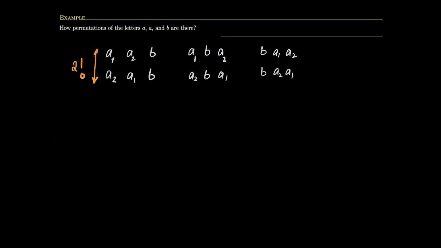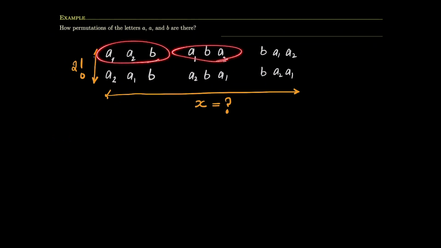Now what you want to do is count the number of columns. The number of columns is something that we don't know. Of course, here we know it is 3, but in general we don't know. Why do I say this is your question mark? Because what do you want to count? You want to count only one of them from each column.